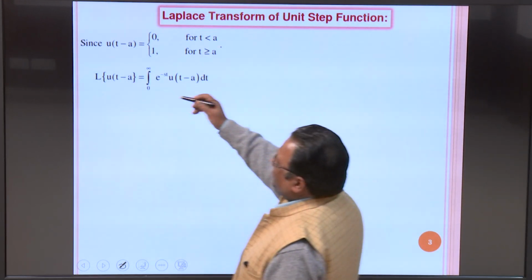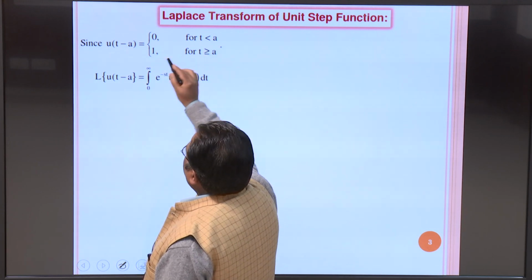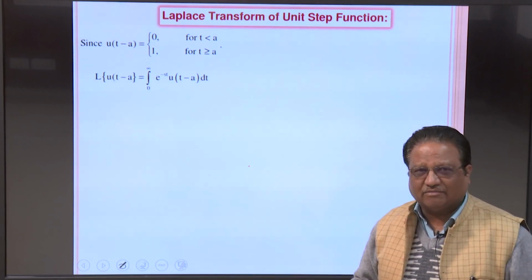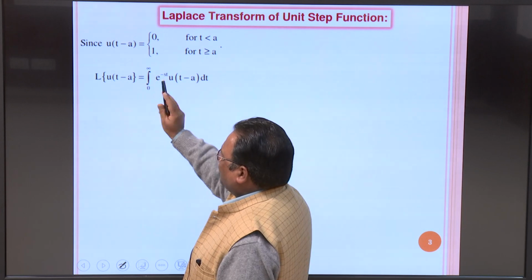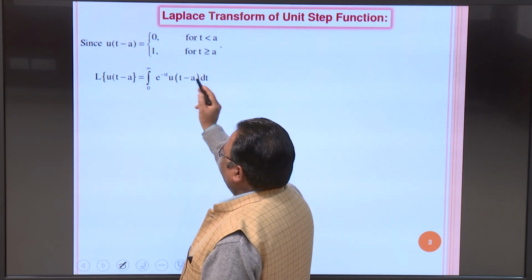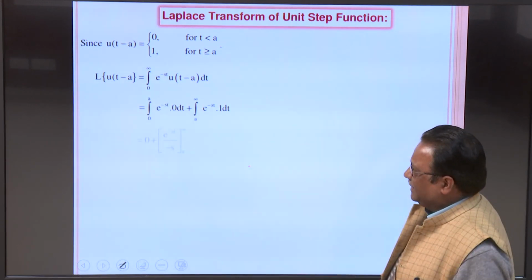By definition, u(t minus a) is 0 when t is less than a and 1 when t is greater than or equal to a. Taking Laplace transforms on both sides, L of u(t minus a) is, by definition, the integral from 0 to infinity of e raised to the power minus st times f(t) dt, where f(t) is u(t minus a).